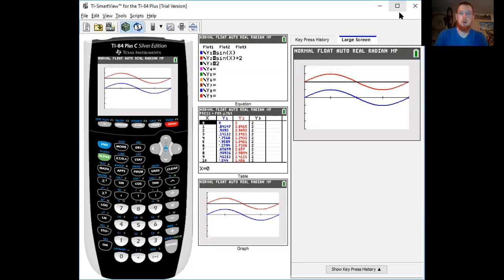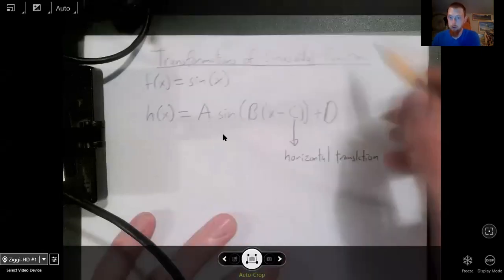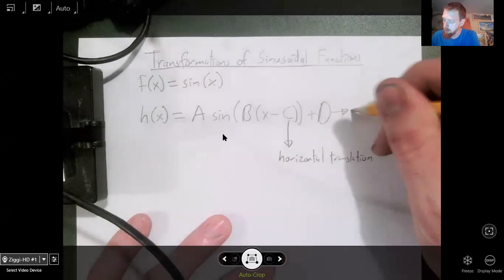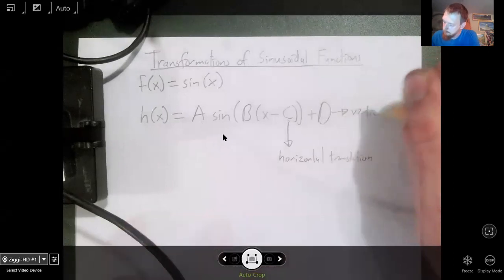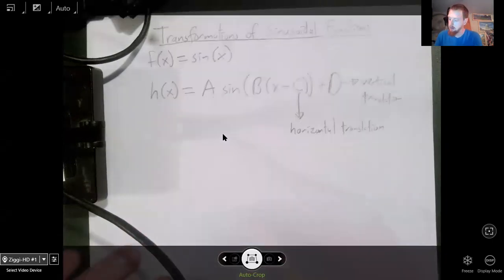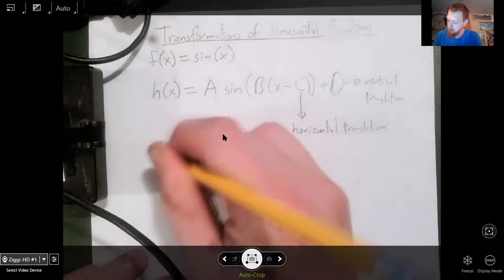So when we think about what D represents, that's more than just doing a vertical translation, which it is. But what we're going to say down here is it tells us something important about the line of symmetry.